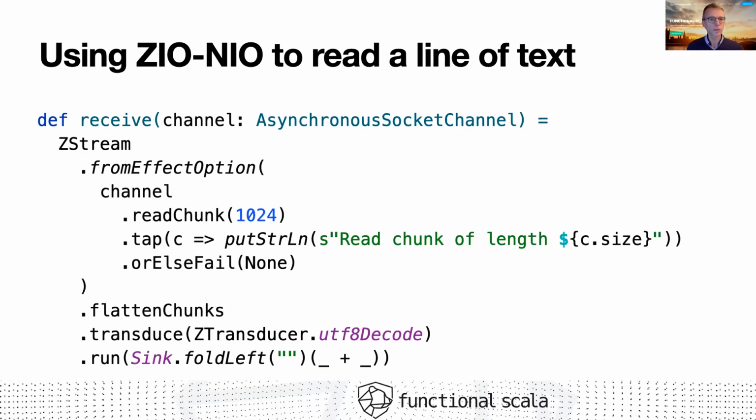We pass that through a transducer to convert those UTF-8 bytes into a string. And then we use a sync fold left to basically concatenate all the small strings that we receive one by one into one huge string. And by the end of it, the end result of this method will be a string representing one line of information that we received in this channel.